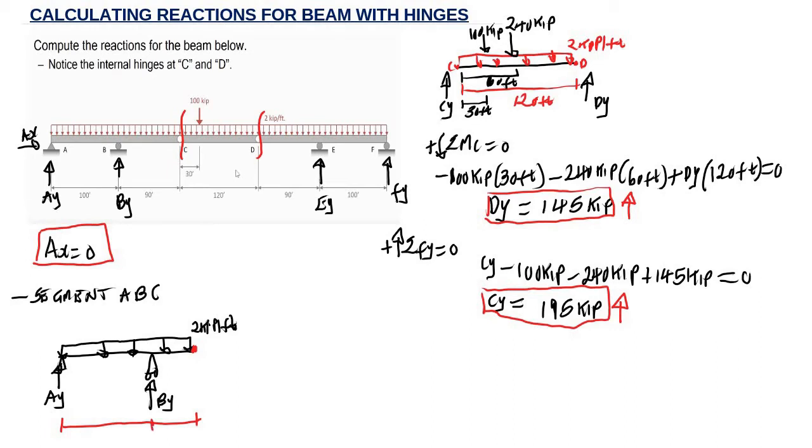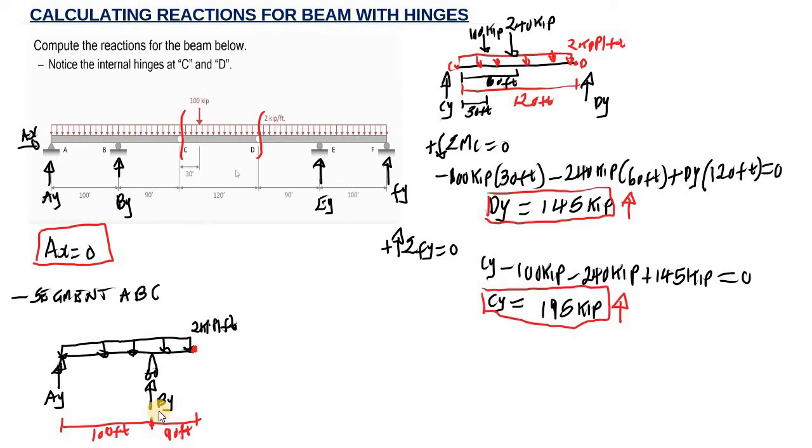And we know from A to B, this is 100 feet. Then from B to the point C, this is 90 feet. So 2 multiply 190 is going to give us 380.